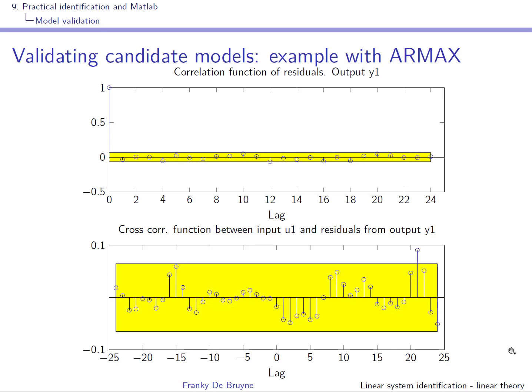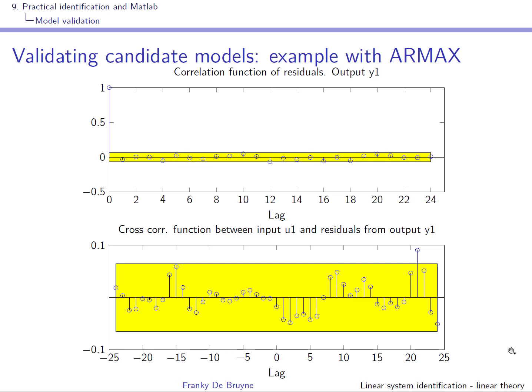So here we are in the case that the actual system is 2, 2, 2, 1, and the model that we have used is also 2, 2, 2, 1, so it can represent the actual system. So based on a certain number of data points, you should obtain a reasonable estimate of the actual system, and so you'll have this for both the estimated input-output model structure and for the noise model.